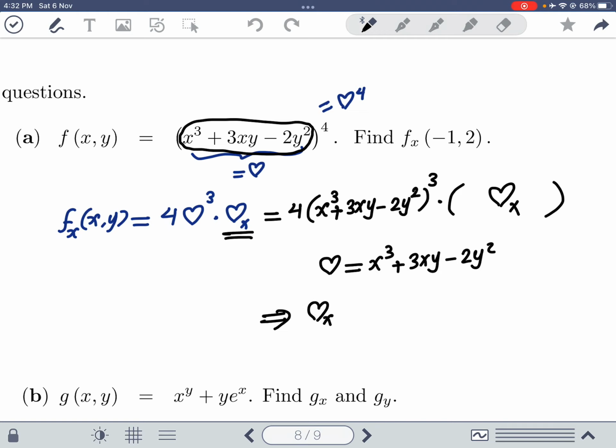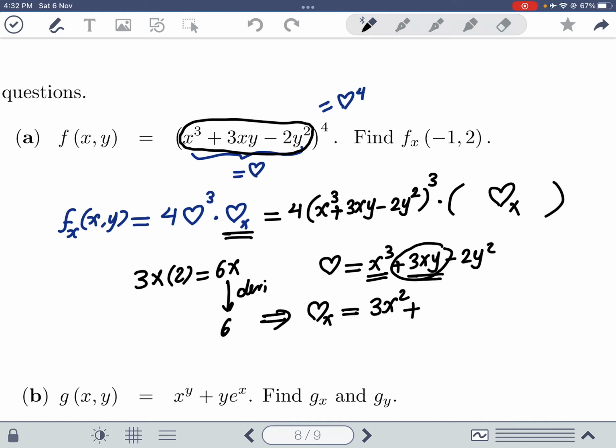So the partial of heart with respect to x, or the derivative of heart with respect to x, is 3x squared, of course, the derivative of the first, plus the derivative of this, but with respect to x. Suppose instead of this, it was 3x, and instead of y, just consider it as a constant, put 2. So this will be 3 times 2, 6x. And if I tell you, take the derivative, you'll tell me 6, with respect to x, of course.